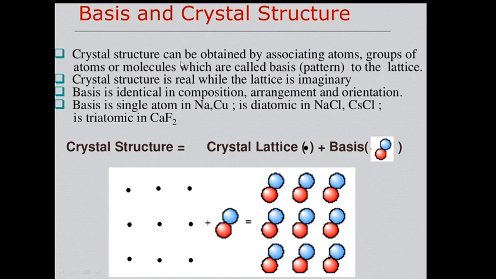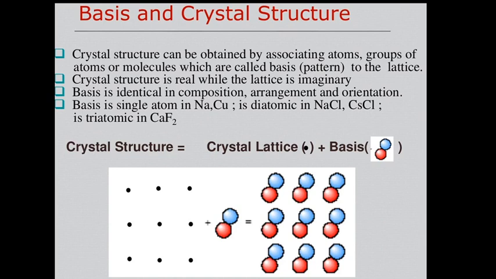So a crystal structure can be obtained by associating atoms or a group of atoms or molecules, which is called the basis, and this is also referred to as a pattern in common literary word. There is also another very well known word for basis, and that is motif, M-O-T-I-F, motif.